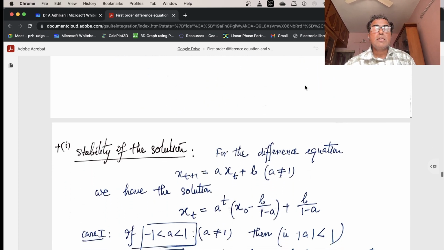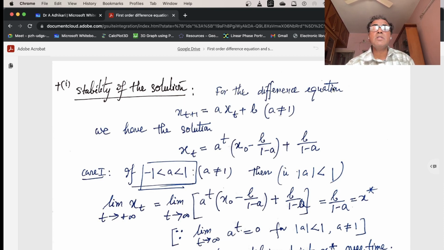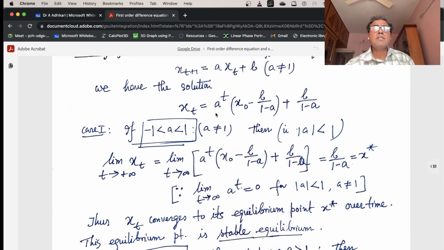Now the stability of the solution. The difference equation is x_{t+1} equal to a x_t plus b, with a not equal to 1, and we have the solution of this type: x_t equal to a to the power t into x0 minus b by 1 minus a, plus b by 1 minus a. Case 1: if minus 1 less than a less than 1, that is, mod of a less than 1, then we get limit t tends to infinity of x_t equal to this.